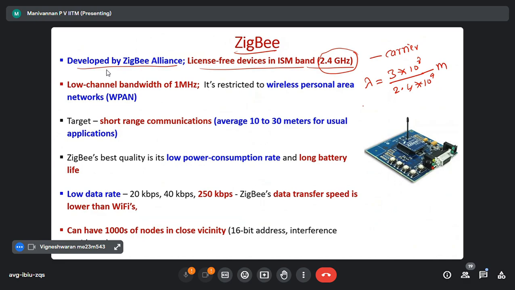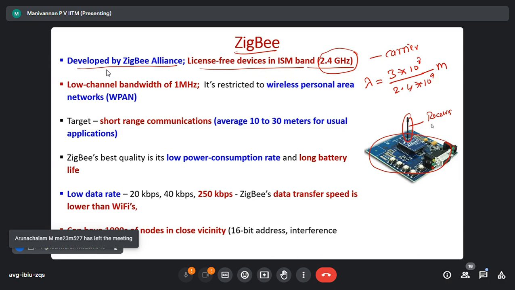You can see this Zigbee module available from Arduino. The length of the antenna is a few centimeters, 2 or 3 centimeters. This is the receiving antenna in Zigbee, 3 to 4 centimeters only. This is a physical photograph; I have 4 or 5 in my lab because we are working on it.